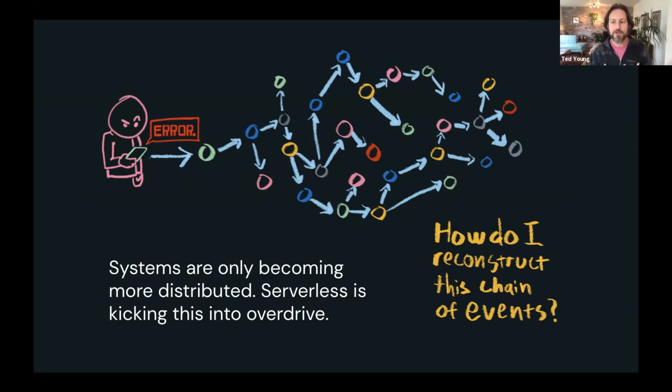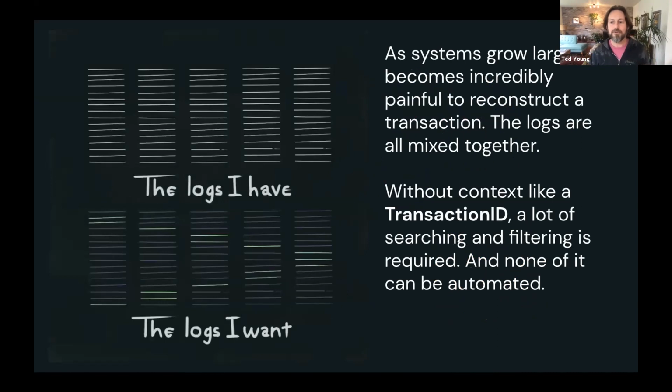And that means when you're trying to reconstruct a chain of events to actually figure out where the error that the user saw came from, or why the page was slow when it loaded, that's becoming harder and harder to do the more distributed our systems are becoming. So for example, logging. All of these systems produce logs. We're all used to looking at log data.